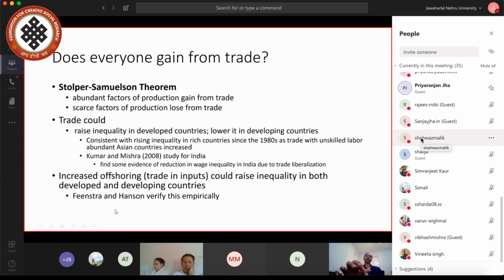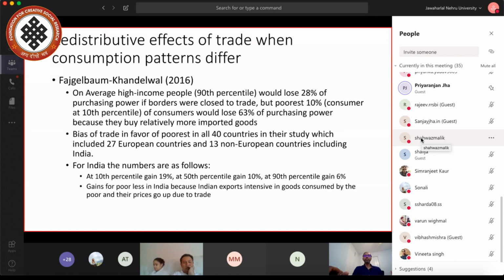This is shown empirically in a paper by Feenstra and Hansen, how increase in offshoring can increase inequality in both developing and developed countries.